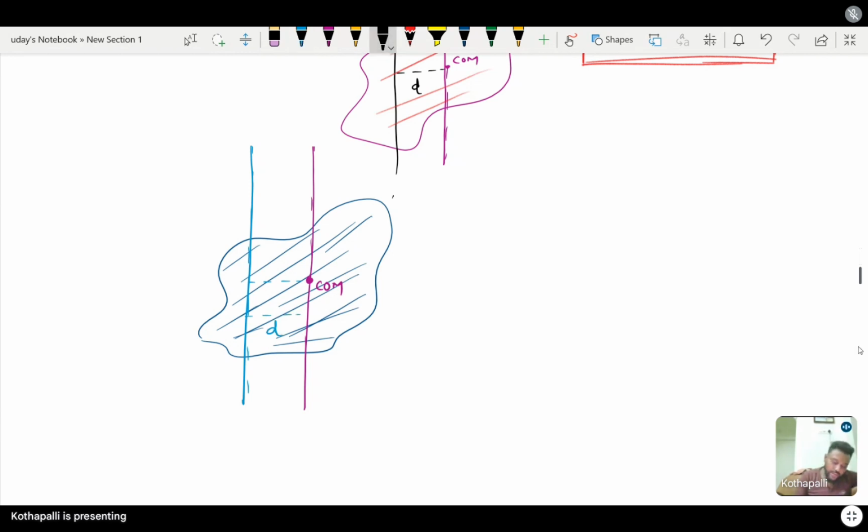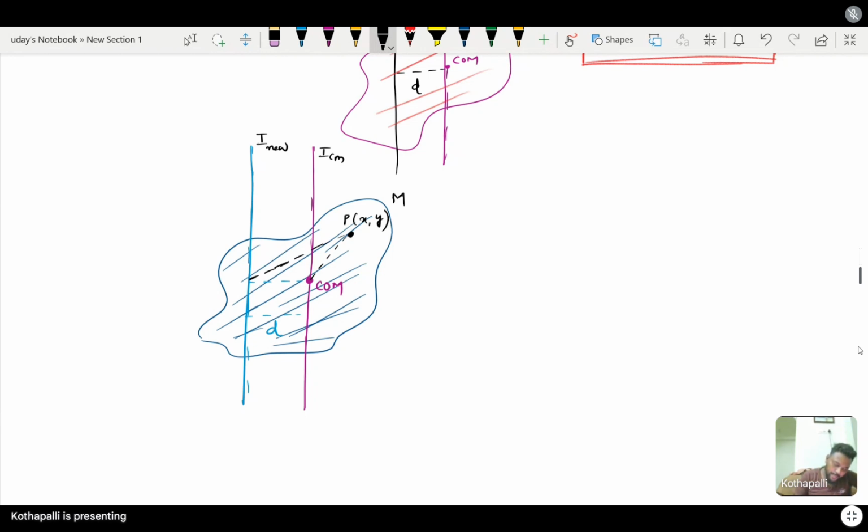Now, out of this total mass m, I'm taking a point mass somewhere here, which is like dm, point mass. Let it be a point mass at coordinate points x comma y. So this distance and this distance we need to consider.